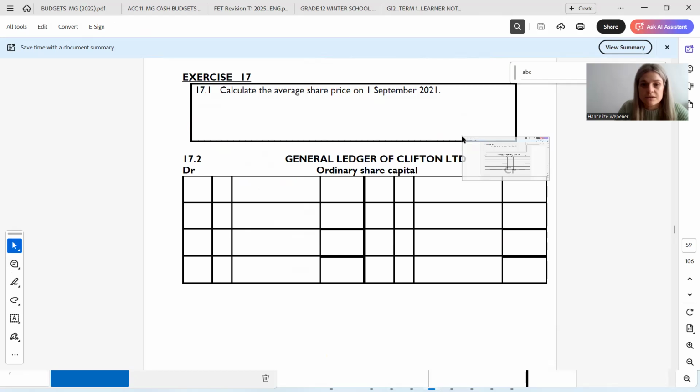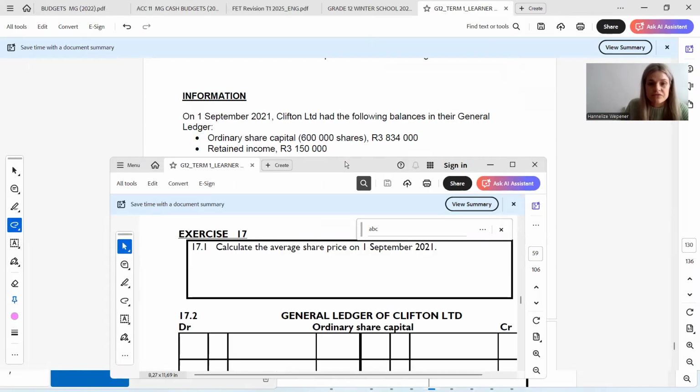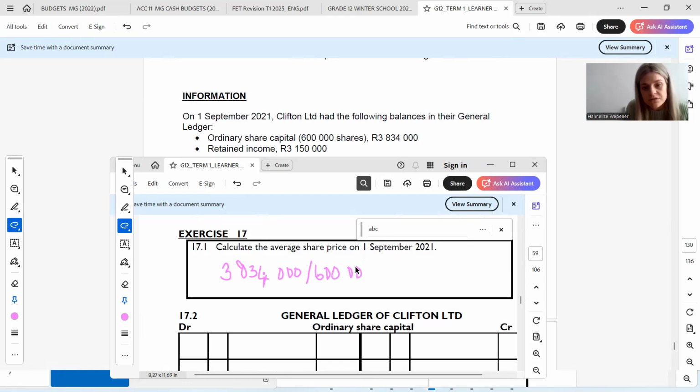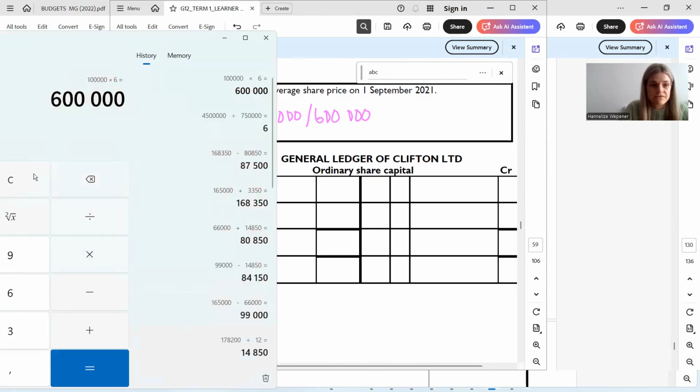There we go. So, if you had your total ordinary share capital amount as 3834, and you had a total of 600,000 shares, you're just going to take your total ordinary share capital amount and divide that by the number of shares in issue on that specific day.